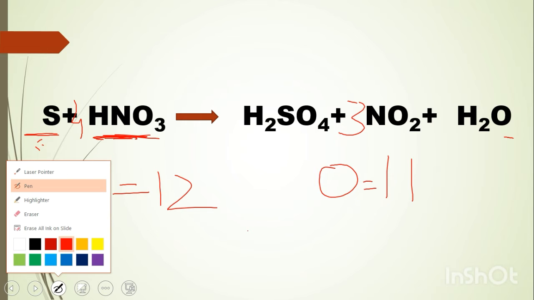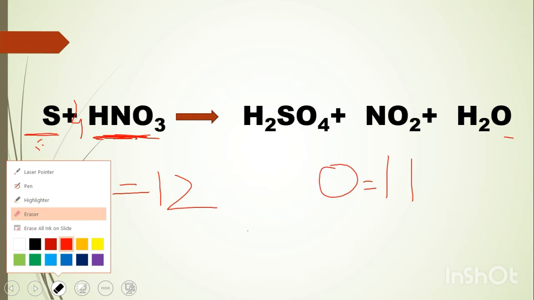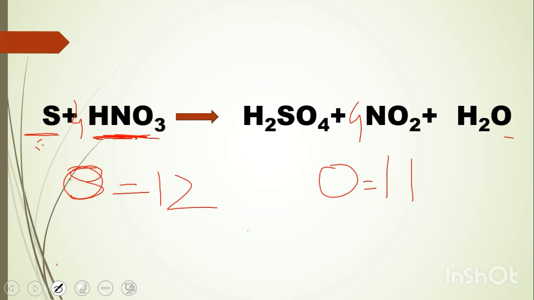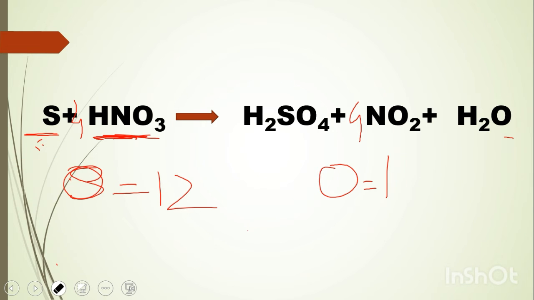We move back to check our metals and non-metals, so we have to multiply with 4 to balance the non-metals first, and then move toward the oxygen. We got a change in our oxygen number: 4 to 8, 12, 13. So there are 13 oxygen on the product side and 12 on the reactant side.